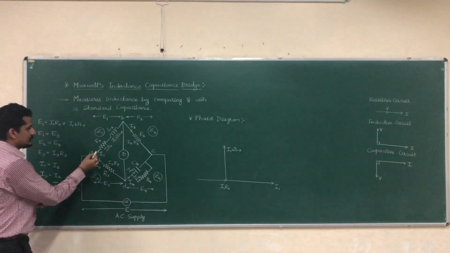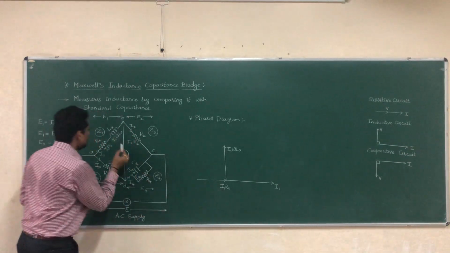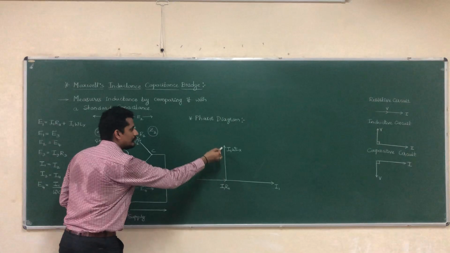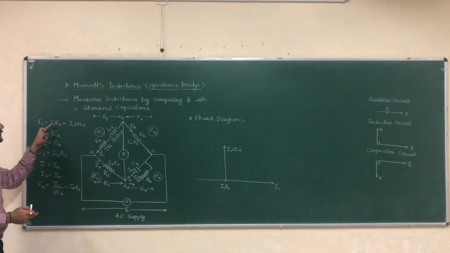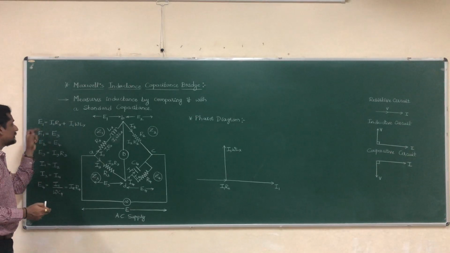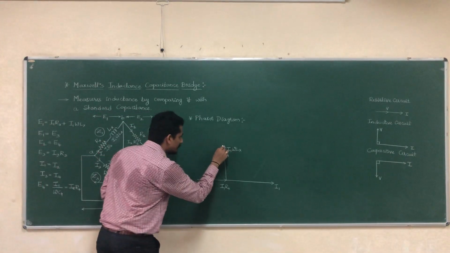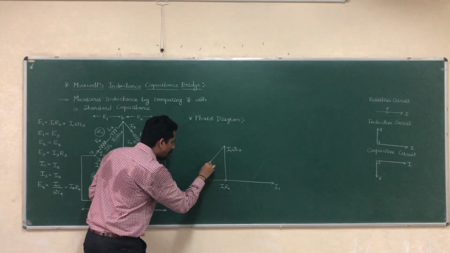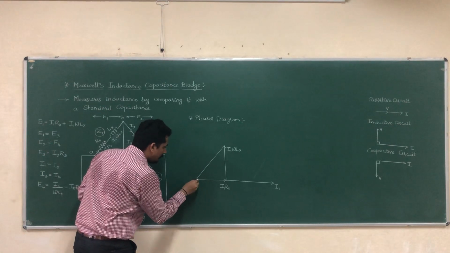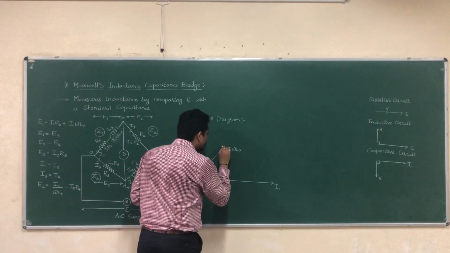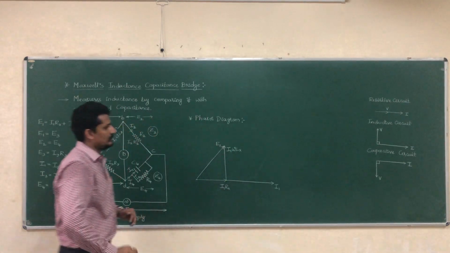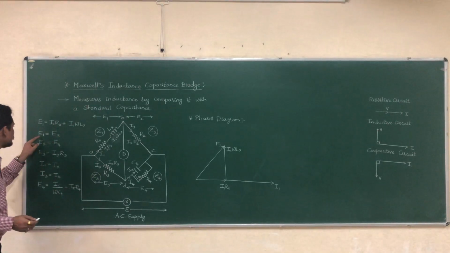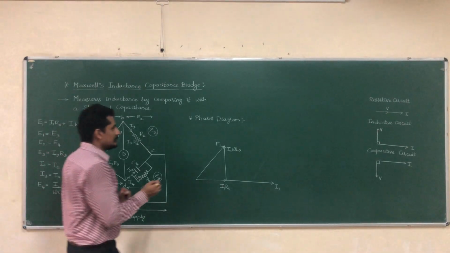This is I1 Rx, and this is I1 omega Lx. Now the combination of this is E1, right? E1 is equal to I1 Rx plus I1 omega Lx. E1 is the resultant. This is the resultant E1, and under balanced condition E1 will be equal to E3.